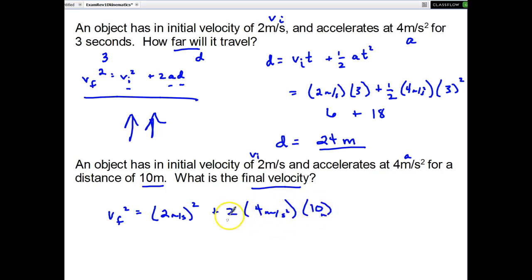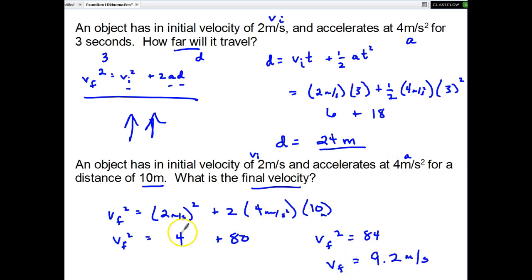So 10 times 4 is 40, times 2 is 80, plus 2 squared is 4, equals vf squared. So vf squared is 84. And so 84, hit the square root button on my calculator, is about 9.2 meters per second.